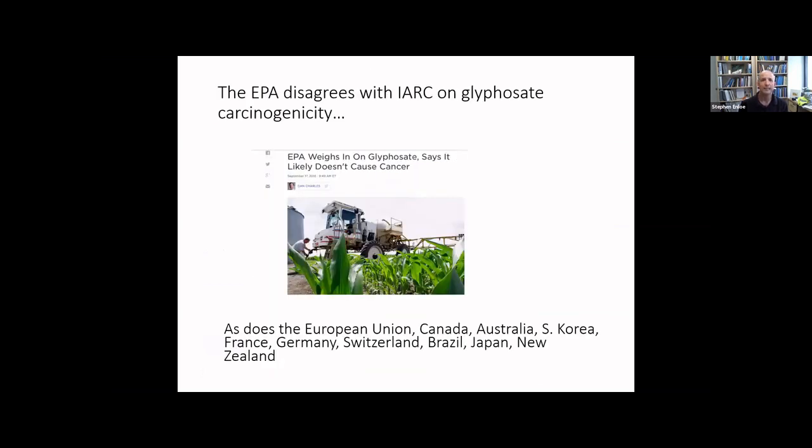So the reality is the IARC, which designated glyphosate as a probable carcinogen, not an actual carcinogen, more or less disagrees with virtually every pesticide regulatory authority on the planet, from the EPA to the European Union and a number of other countries that have extensively and exhaustively reviewed glyphosate.